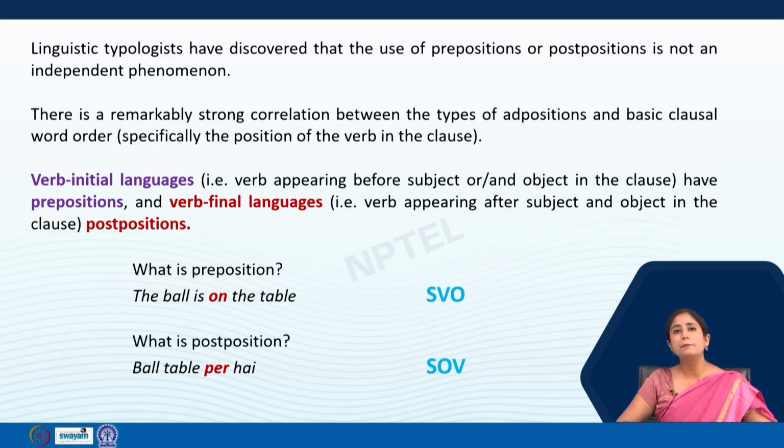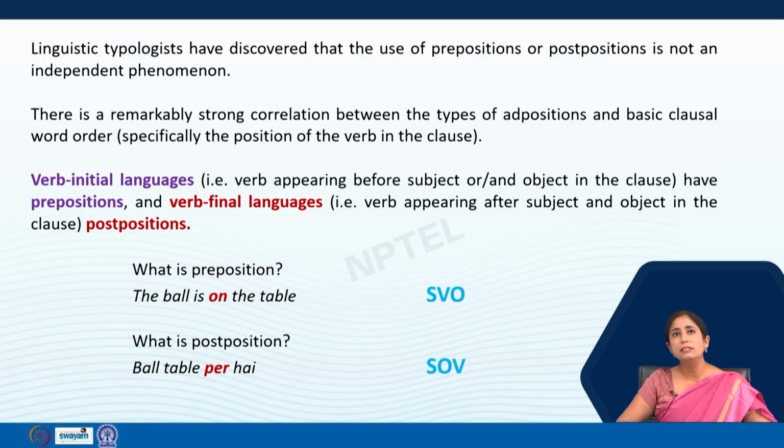But in the Hindi example we can see it is SOV. Hai is the auxiliary here. So hai is the verb which is coming at the end. So ball table par hai, the word order is SOV. Now there is a correlation between the preposition and postposition with the word order. Together, preposition and postposition we can also call adposition.